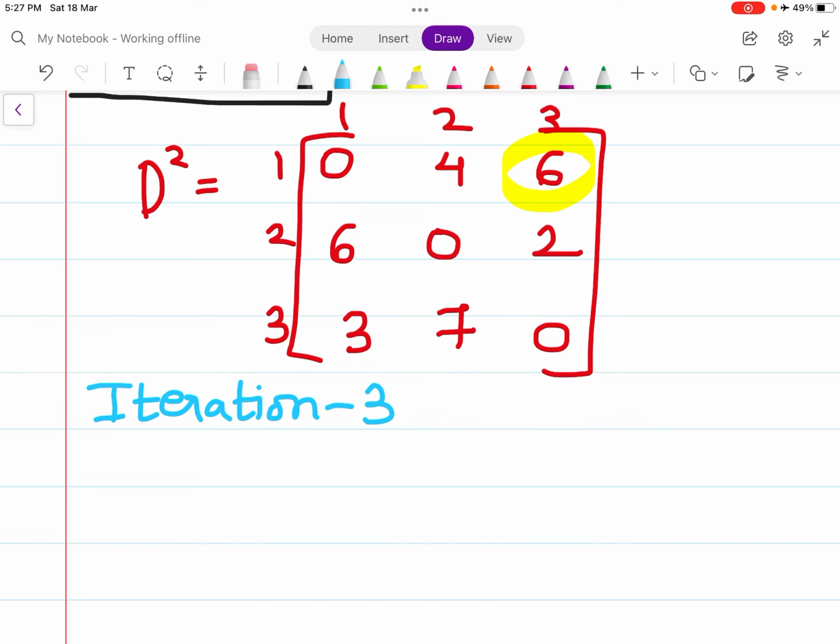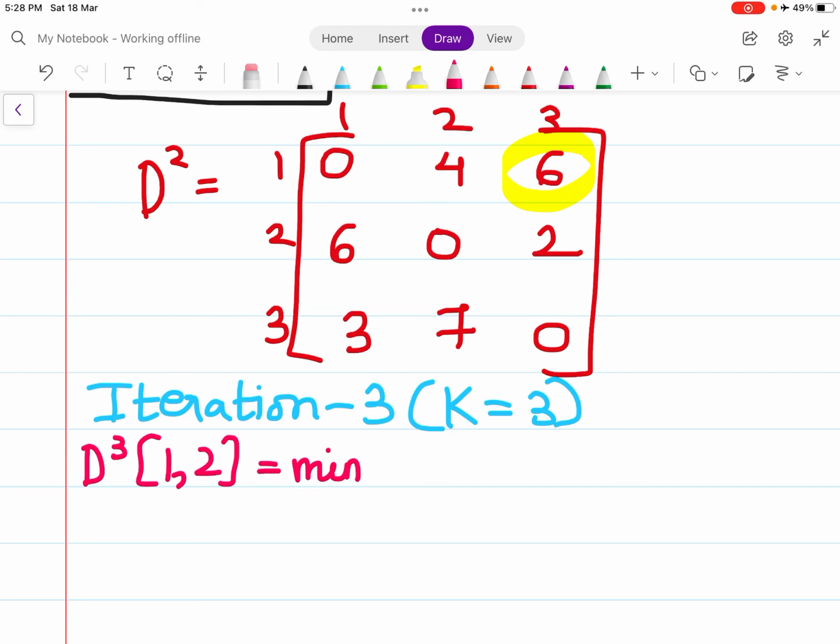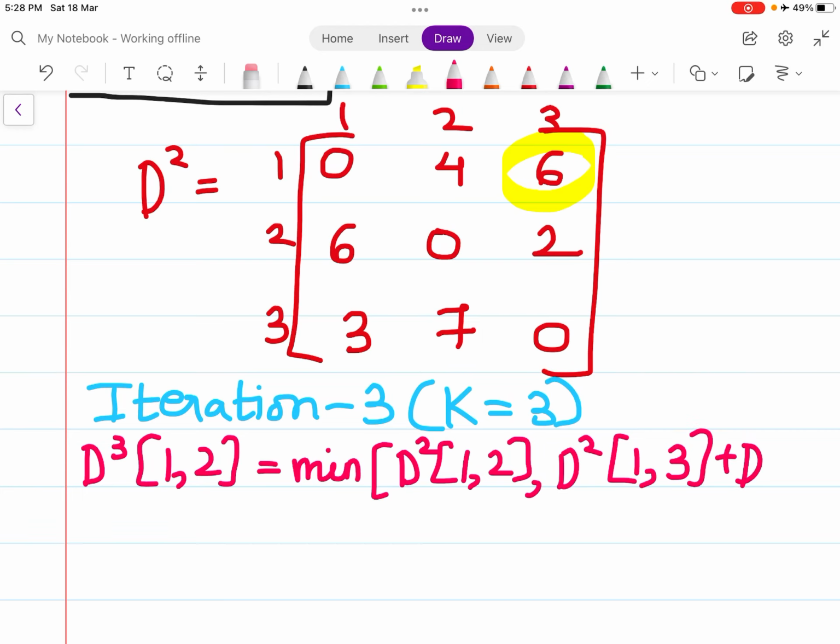iteration number 3, where k is equal to 3. So D3 of 1 comma 2 will be minimum of D2 of 1 comma 2, comma D2 of 1 comma 3, 3 in the middle, so 1 comma 3, 3 comma 2 plus D2 of 3 comma 2.